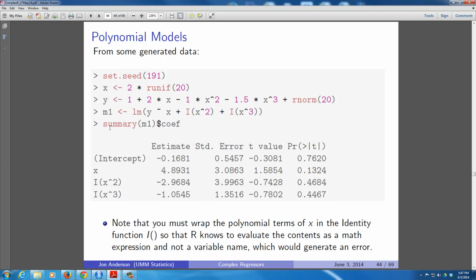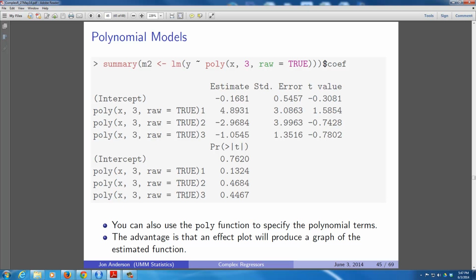And notice that after you've estimated such a model, you get a beta hat 1 multiplying the x of 4.89. You get a beta hat 2 multiplying the x squared term, negative 2.97, and a beta hat 3 of negative 1.05. Another way to do a polynomial is to use the poly function.